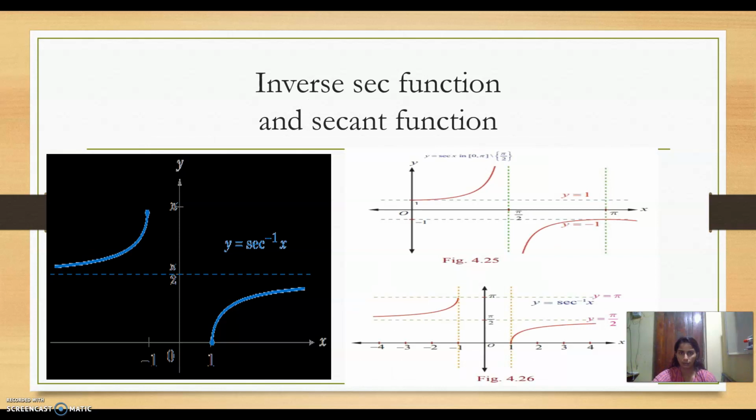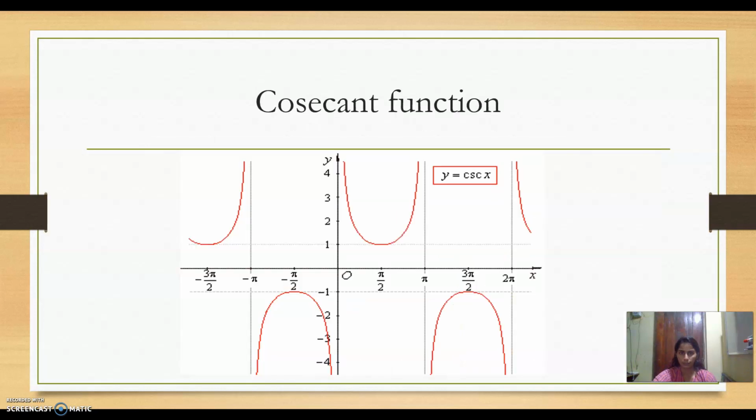Secant, inverse secant. Next is the cosecant function. The cosecant function is this one. So I have to restrict this in order to define the inverse cosecant function.